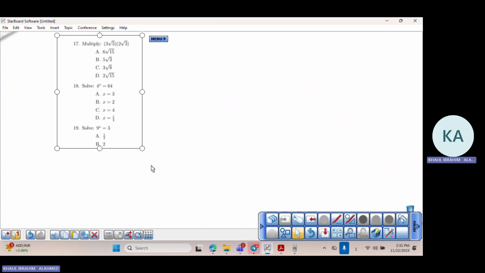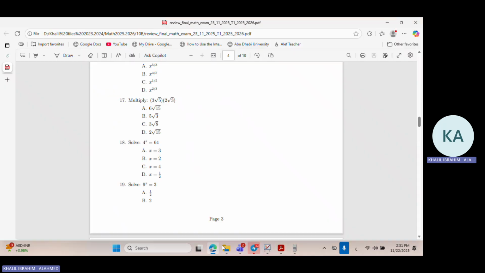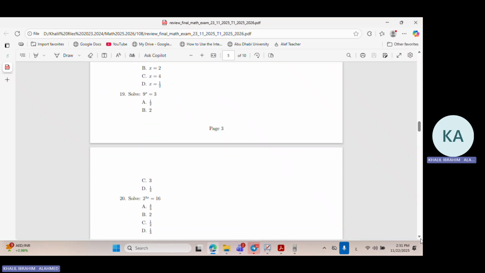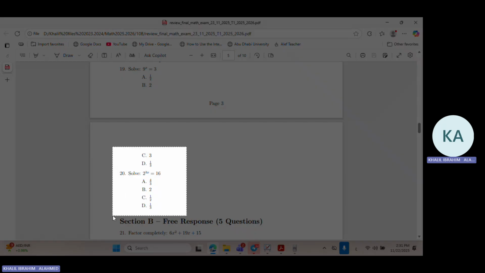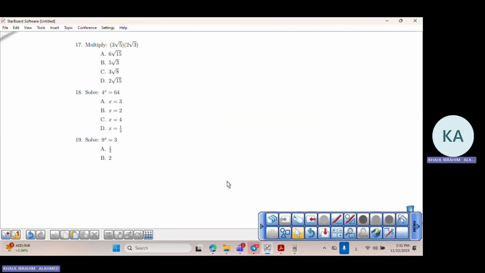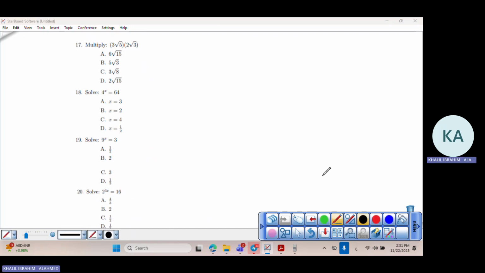As you see here, this is question 20. Yes. Question 17, multiply. How to multiply radicals together, as you see here.